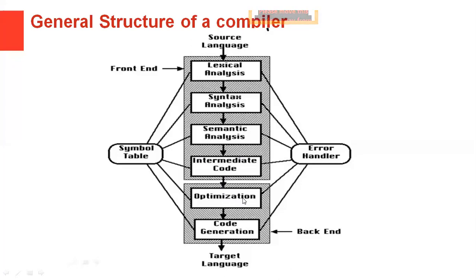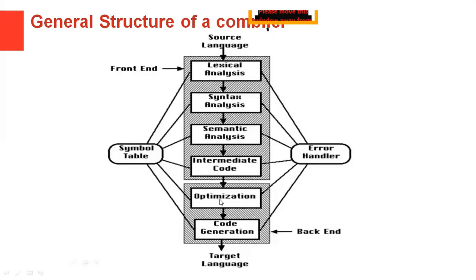Code optimization and code generation are the backend of the structure of a compiler. Code optimization takes its input from the intermediate code generation, and it removes any unwanted code from the three address code.